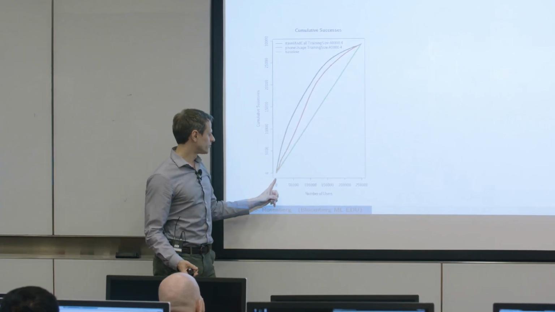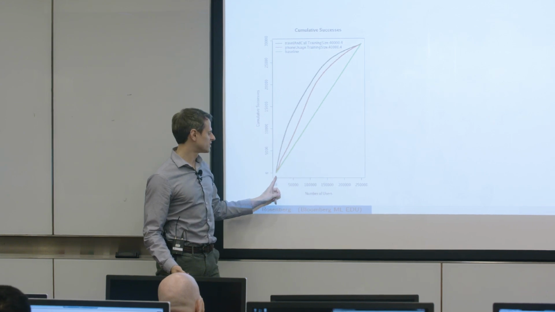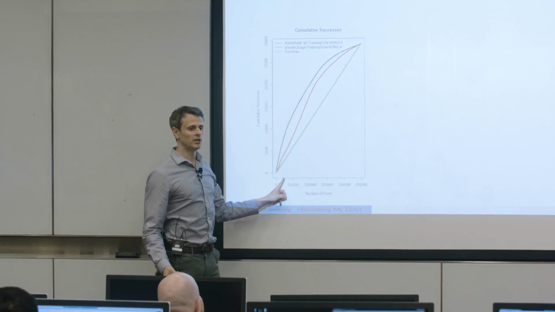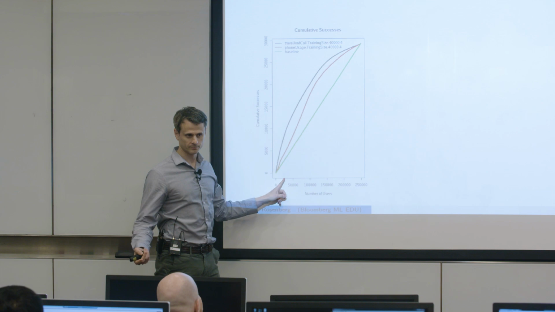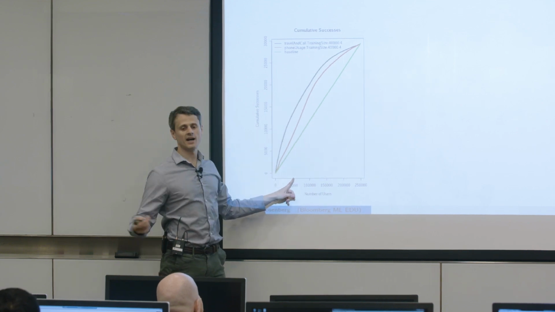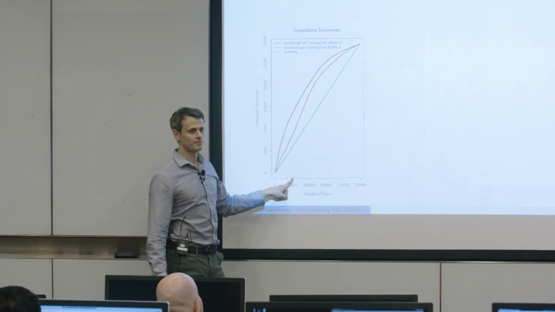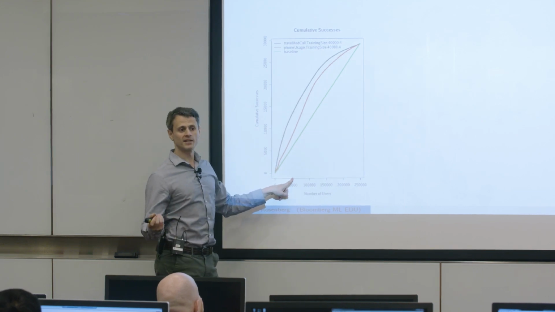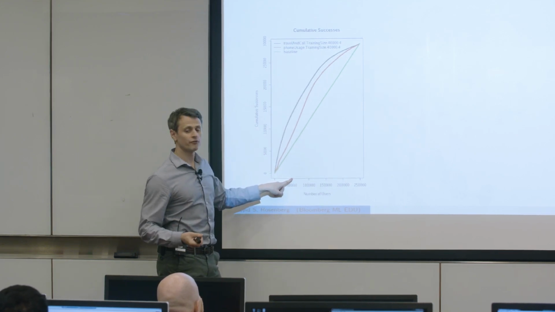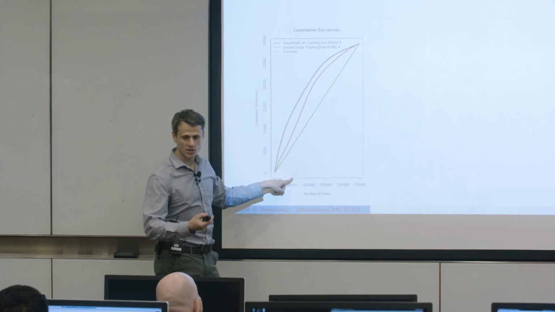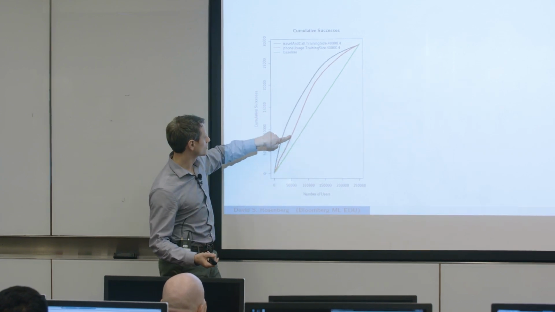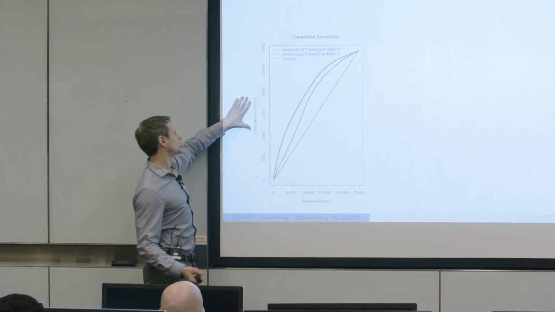As you move from left to right on this x-axis, this is how many people off the top of your list you are going to target with the promotion. So here, at this point, 50,000: I'm going to look at 50,000 out of 250,000 and give them all a promotion. If you gave that top-ranked 50,000 the promotion, how many of those people will actually be churners? That's what these curves tell you, called cumulative successes.